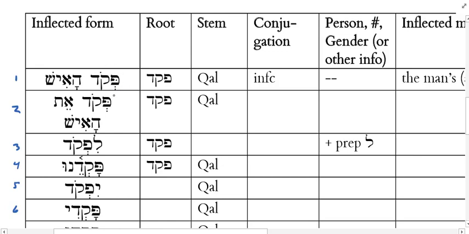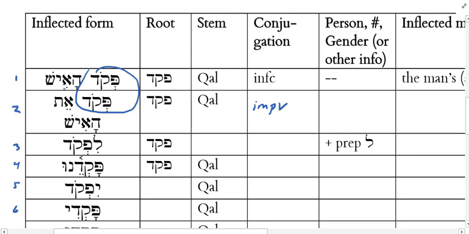In and of itself, could pakod be a cal imperative? Yes. Okay? So notice that both of these forms are identical to each other, aren't they? So I've given you that this first one's the infinitive construct. The second one is the cal imperative.